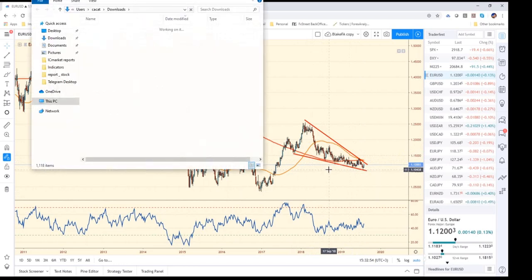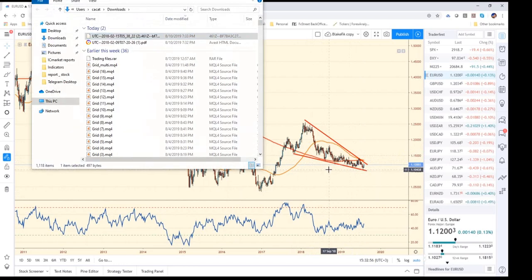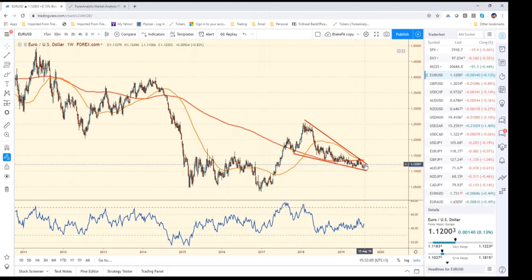Now, a descending wedge in technical terms is a reversal pattern by definition. It's in a downtrend until it's not, meaning that once we take out this downtrend line, it becomes quite bullish.